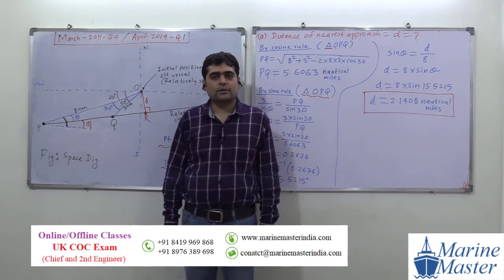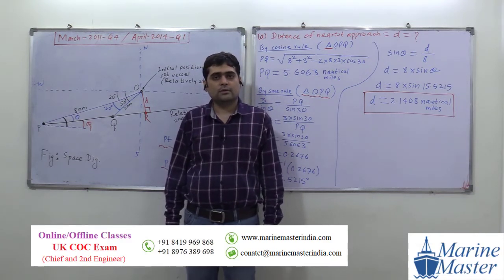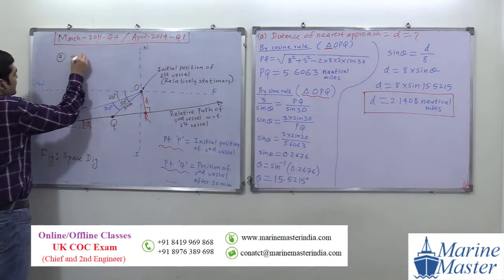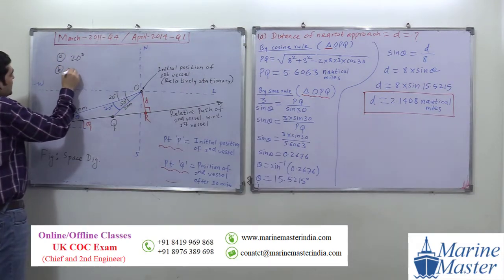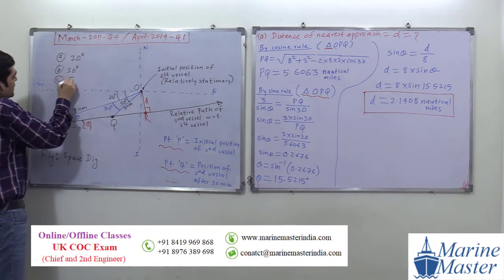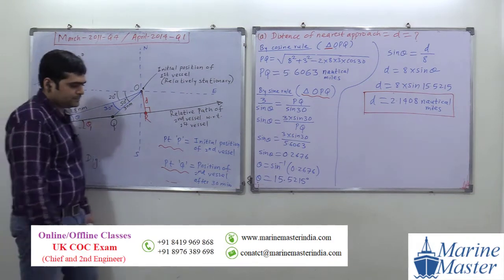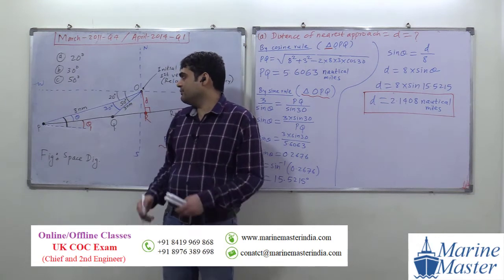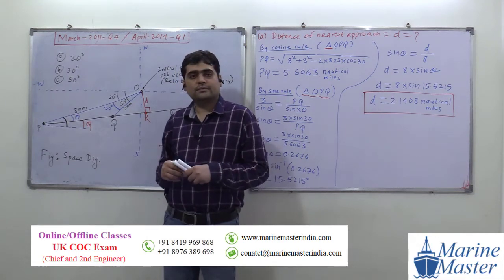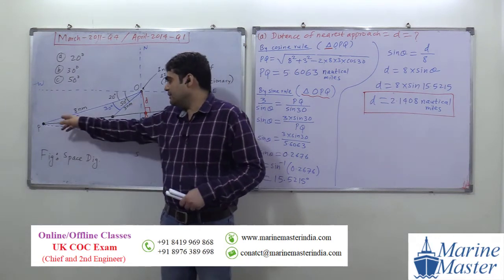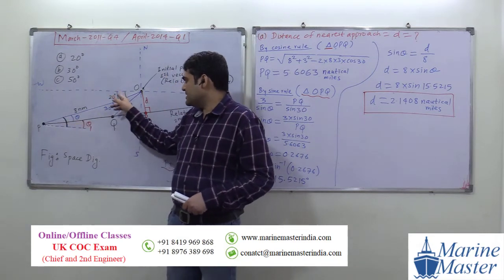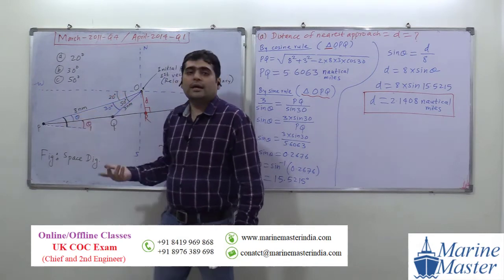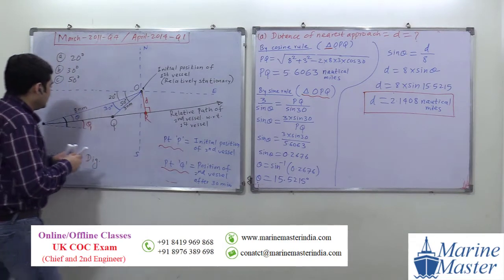Option A, 20 degrees. Option B, 30 degrees. Option C, 50 degrees, or none of the above. Which one will be that angle? Yes, 20 degrees, correct, guys, very good.